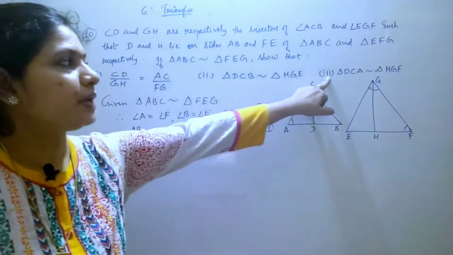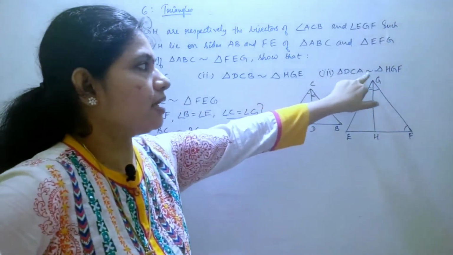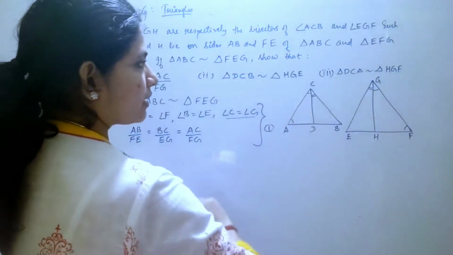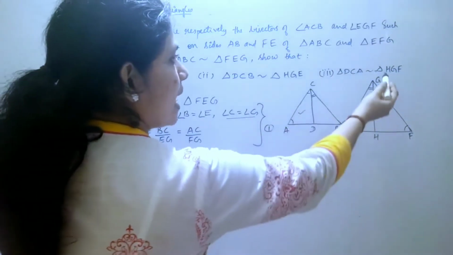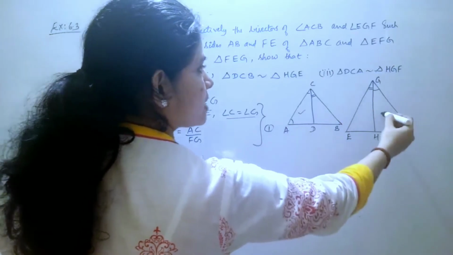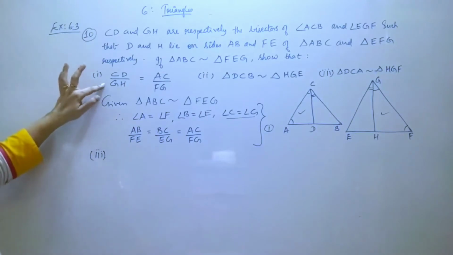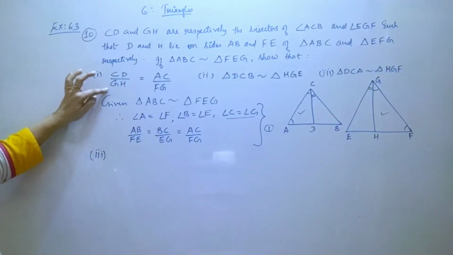Now for the third part, triangle DCA is similar to triangle HGF. This triangle we need to show. Already we have proven a concept, which is the first one, that is CD by GH.